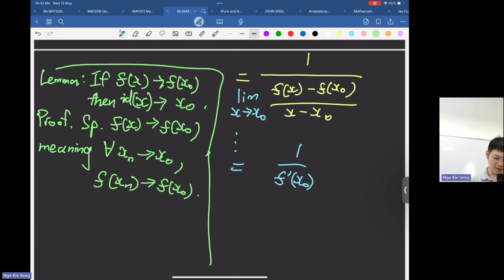Is that better? Well, what does it mean by x converges to x naught? I think there's no meaning there. f(x) converges to x naught, we have a definition. But x converges to x naught, there's no definition.